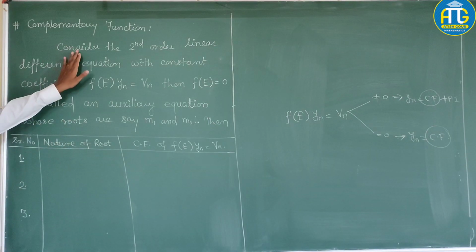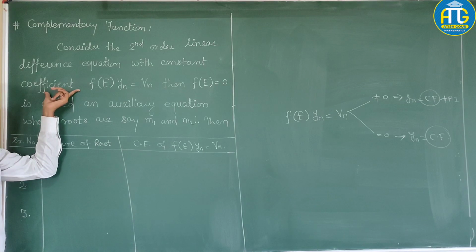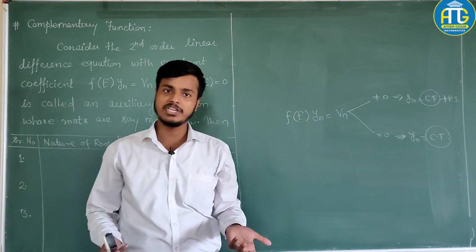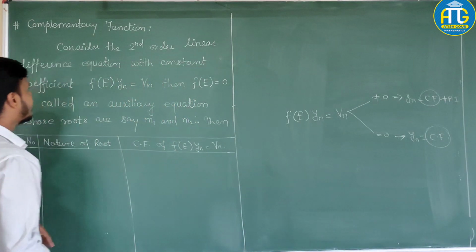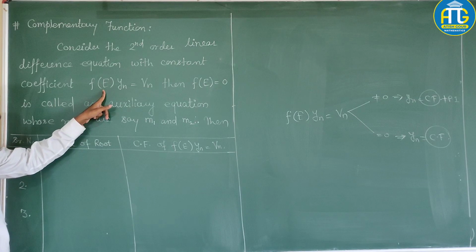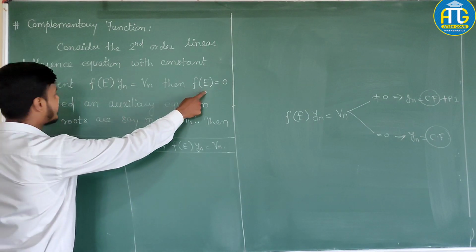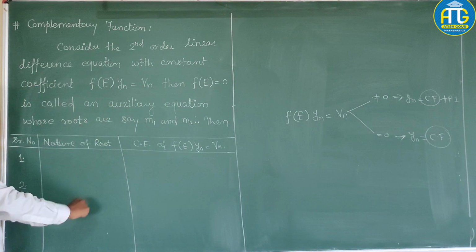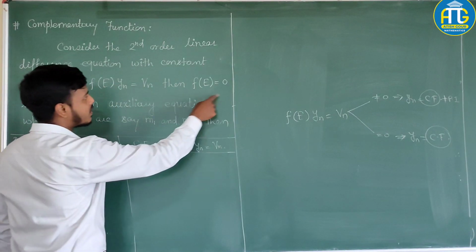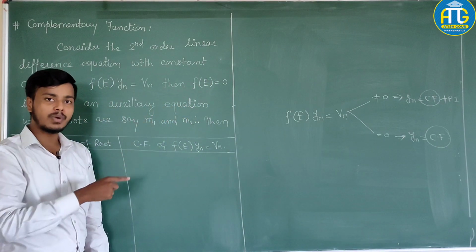So here, for our convenience, we are taking a second order linear difference equation with constant coefficient, because most of the time we would be having a second order difference equation. Suppose this is the second order linear difference equation with constant coefficient, then f of E equal to 0 is called an auxiliary equation of this difference equation, and once we get this auxiliary equation, we can solve it.